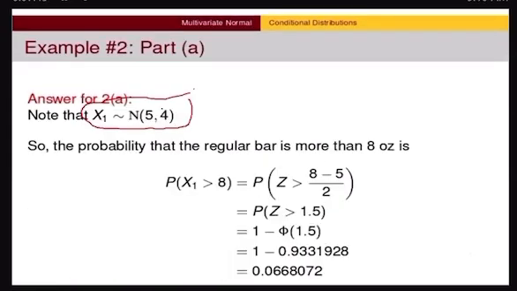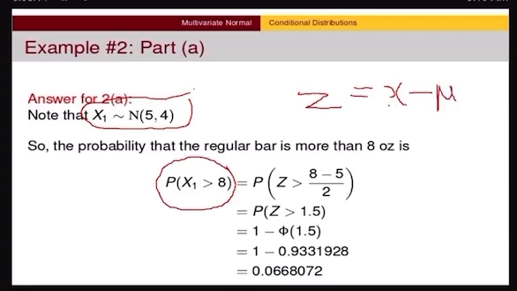Now, I'm just going to go back to lower level statistics. If I want to find the probability of a random variable being greater than some value, I standardize to Z. You remember it's X minus mu over the standard deviation.